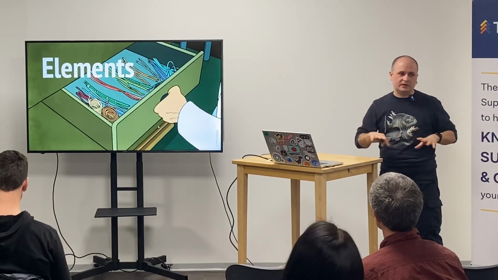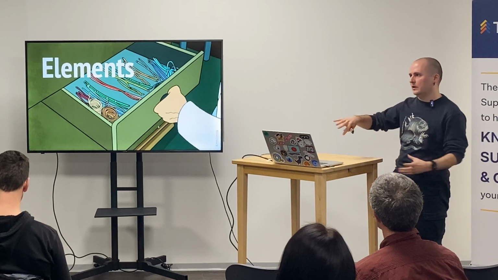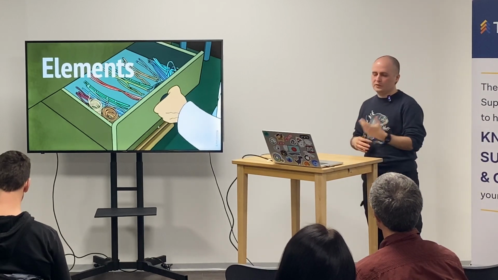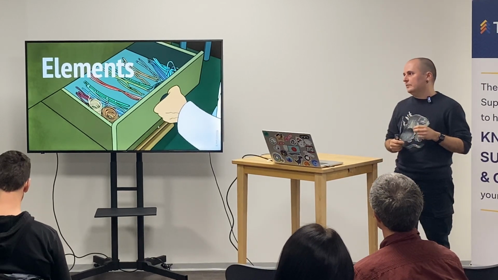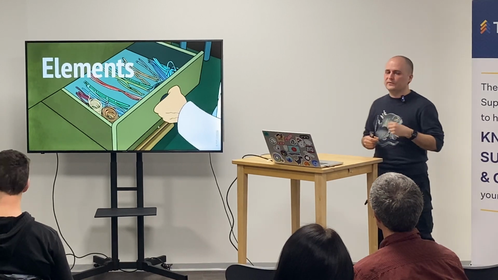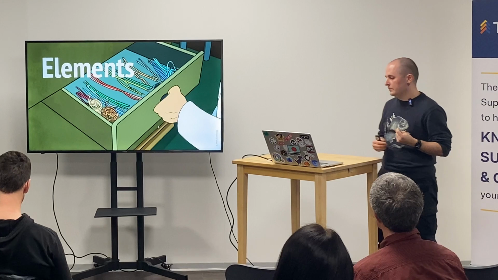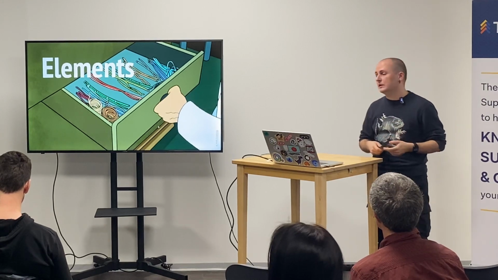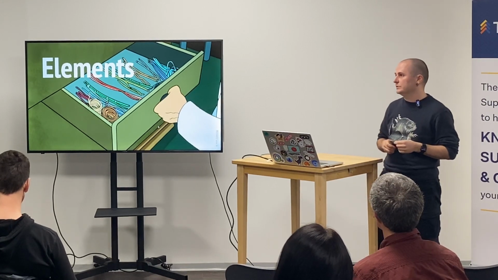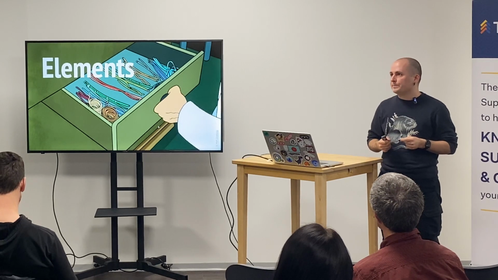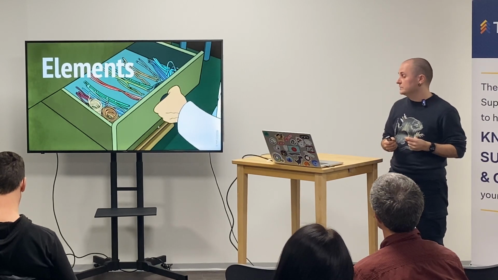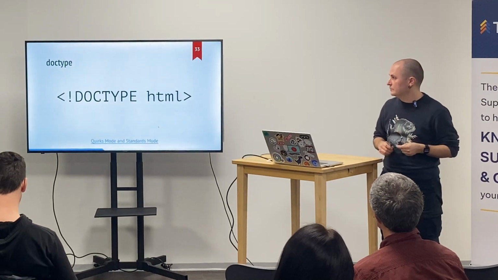I'm not saying that the other HTML elements are less relevant or not important, but some of them are forgotten. Some of them were updated recently, and I think it would be useful for you to understand some of them better.